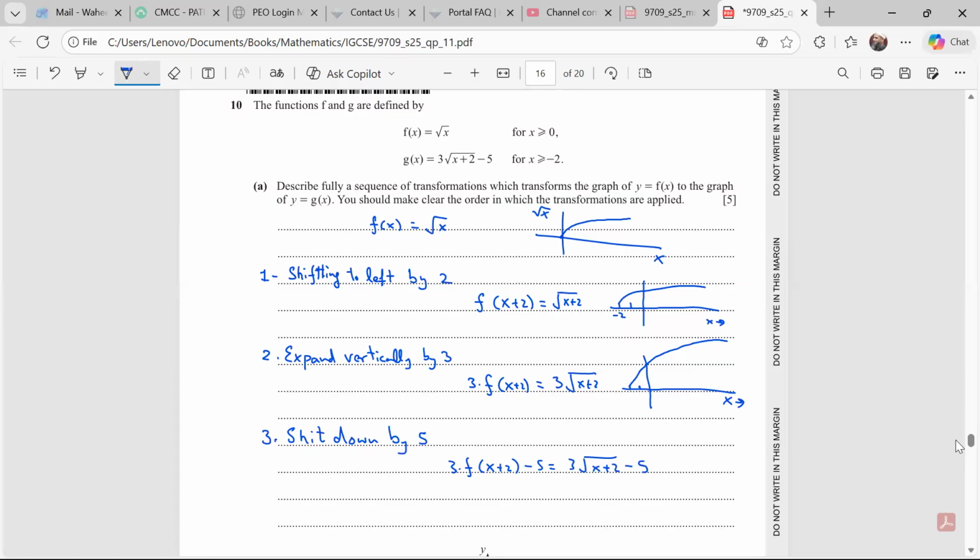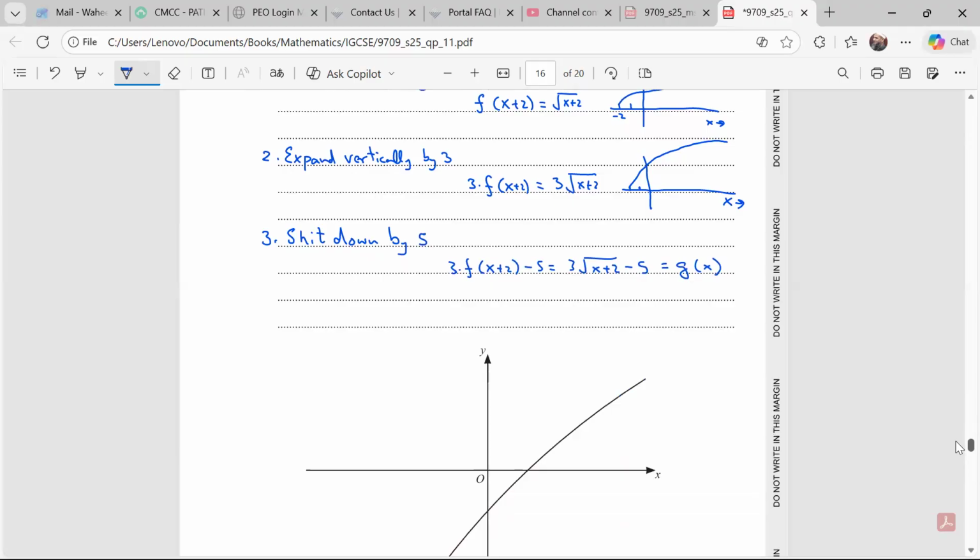This is our new function g of x. And how will it look? Just for our understanding, I should sketch it here somewhere. So it is 2 units this way and 5 units this way. 1, 2, 3, 4, 5. So it will start from this point and go something like this.